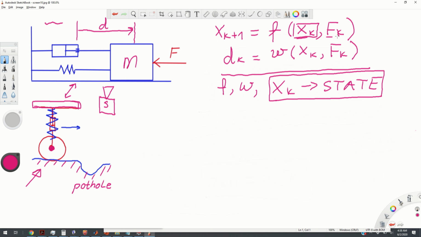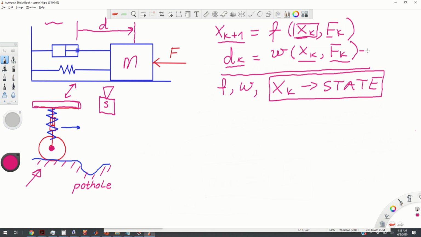So what we have over here is an equation saying if I know the force at time instant k and if I know the system state at time instant k, I can predict the state at time instant k plus 1 by simply propagating this function f. Now, the second equation tells us if I know the state at time instant k and if I know the external force at time instant k, I can compute my displacement.